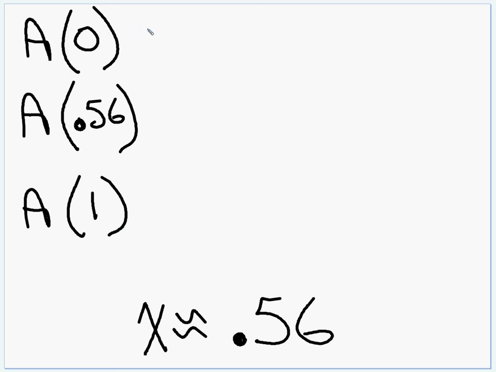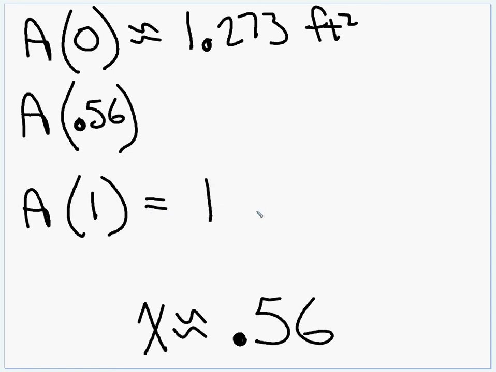If you find the area when x is 0, it's 1.273 square feet. If we put in the other endpoint, 1, we get exactly 1 square foot. And if we put in our sweet spot, 0.56, out comes 0.56 feet squared.